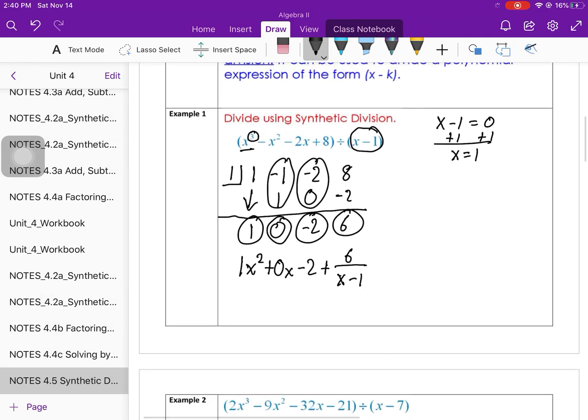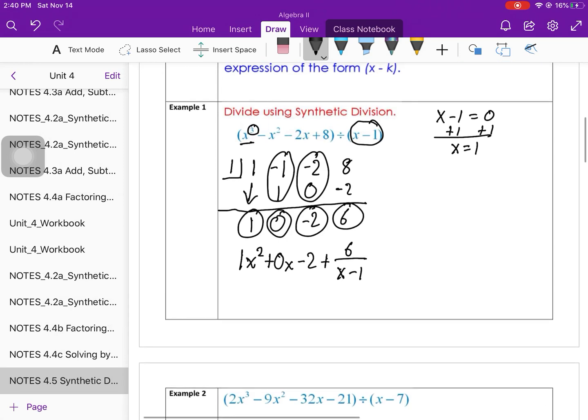It used to be a lot more complicated, and with this new method, it's a little weird to start out with this. But if we were to simplify this expression, it would be x squared minus 2, we don't need the 0x, plus 6 over x minus 1. This is our answer to this part up top. When you divide the first polynomial by x minus 1, this would be the result.